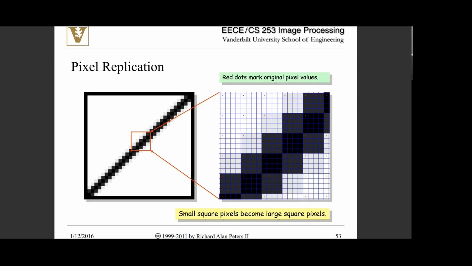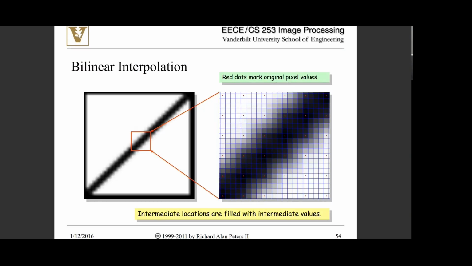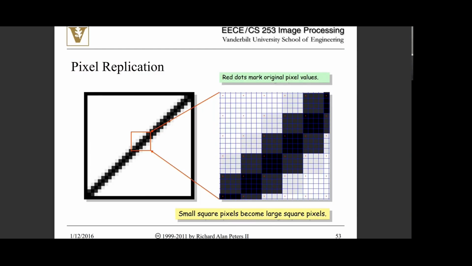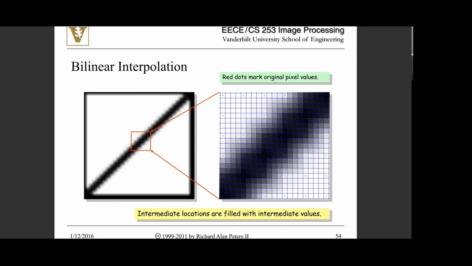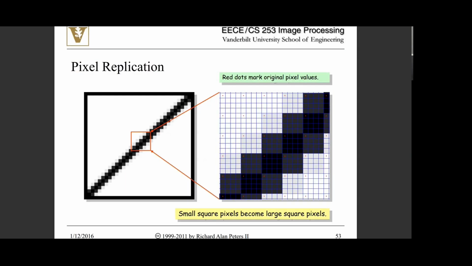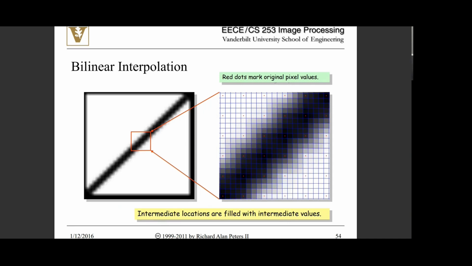Again, this pixel replication is nearest neighbor, and then you can see the difference when you do bilinear interpolation. Nearest neighbor goes very abruptly from black to white, in discrete steps, while you can go smoothly from black to white and take all the values in between.